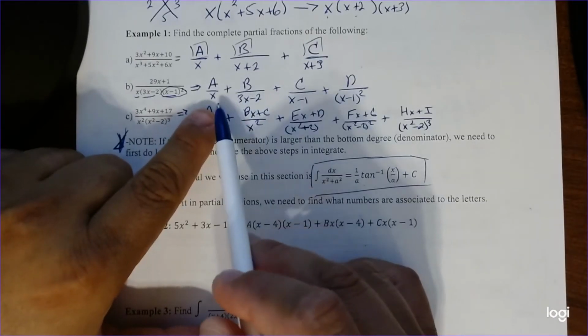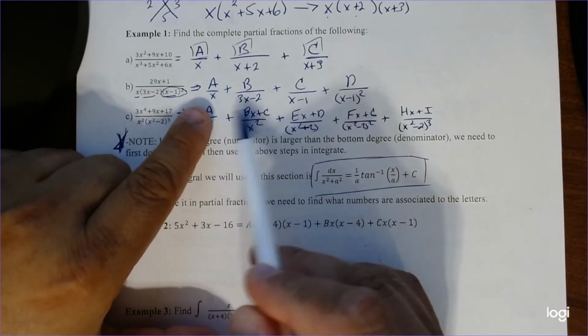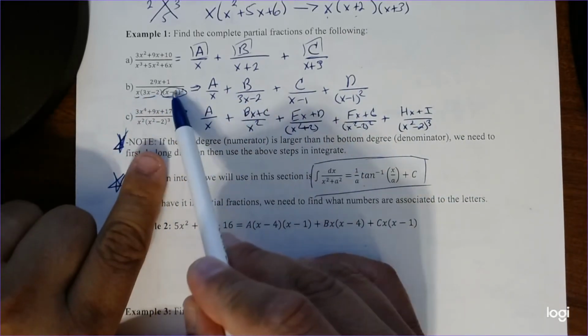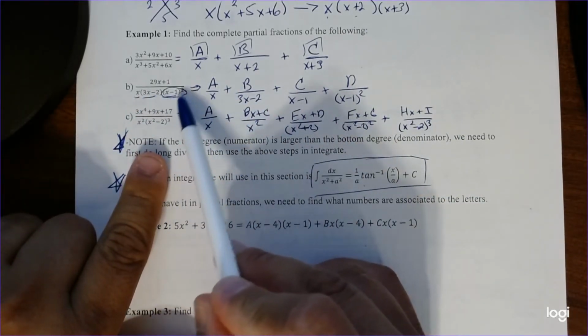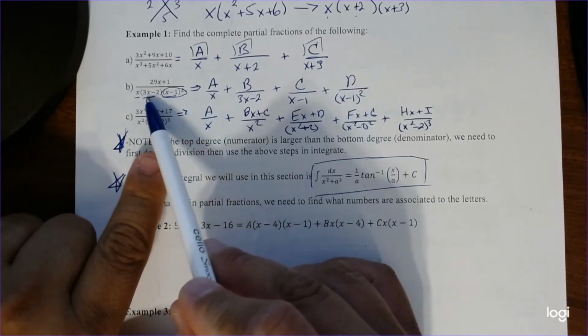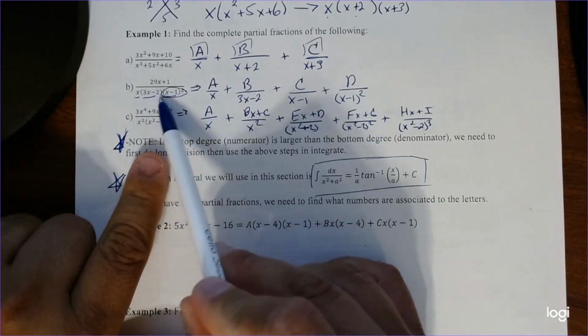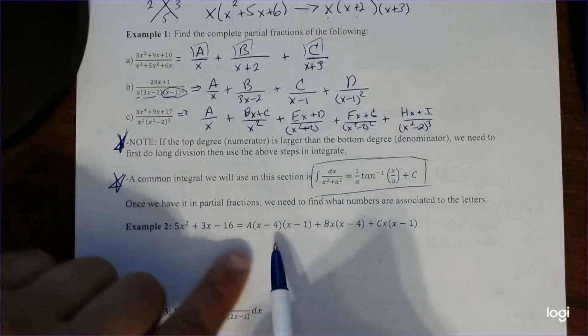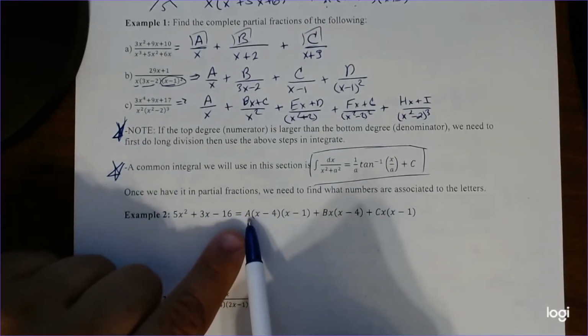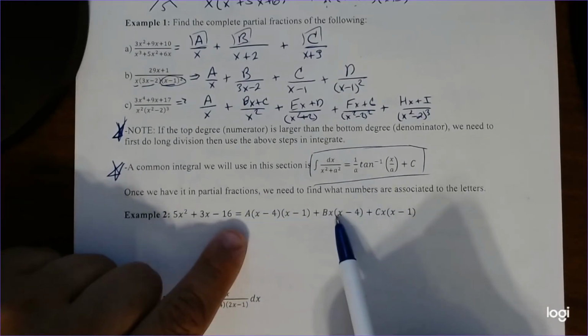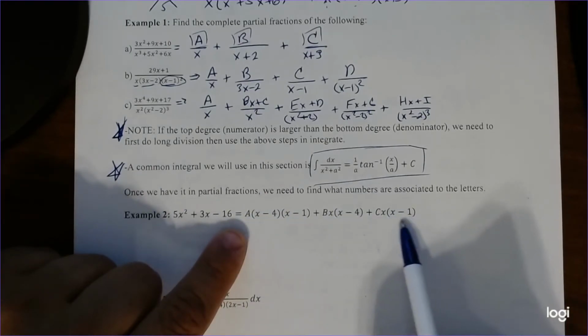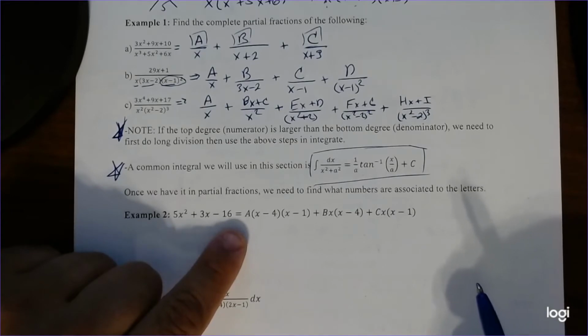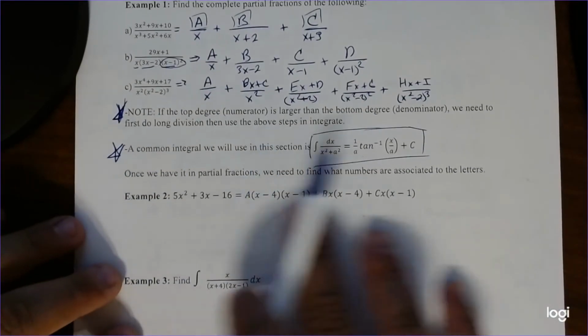So what would I multiply to get the common denominator of all of that? Well, I'm missing x plus 1 squared and 3x minus 2, so I multiply that to the top and vice versa. That's what we just did here. A was missing this, B was missing that, and C was missing that. That's how we get this.